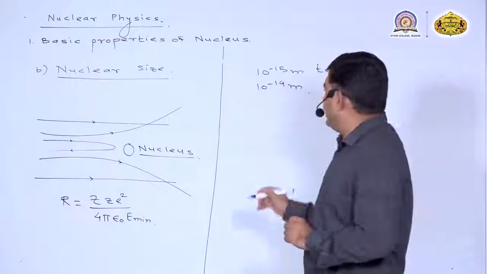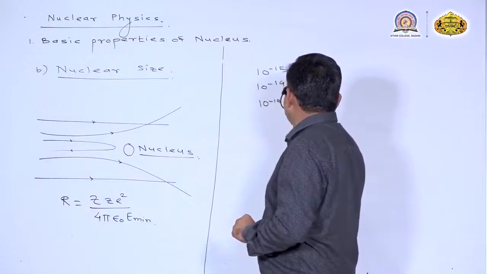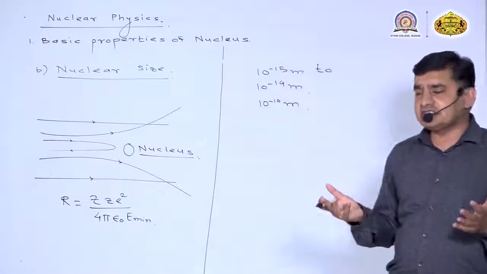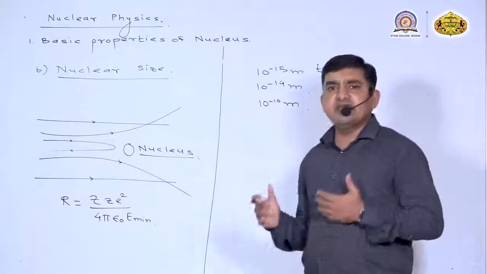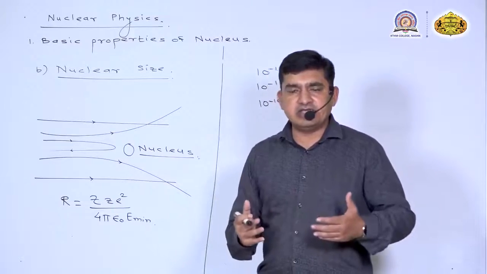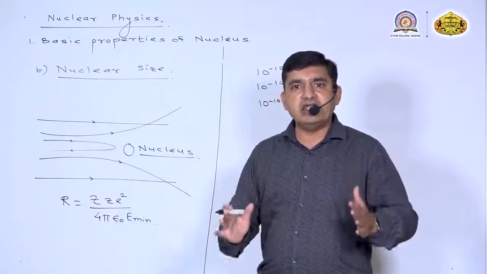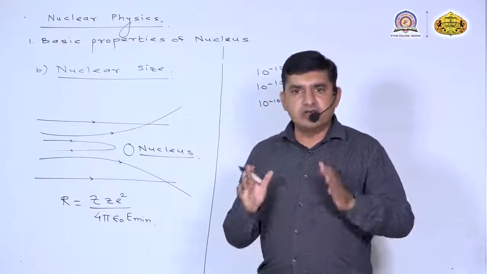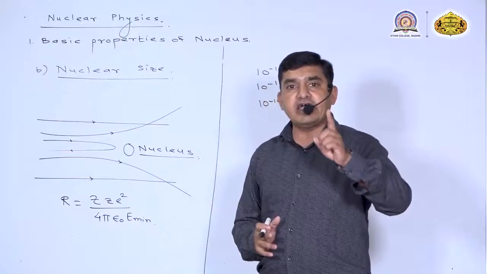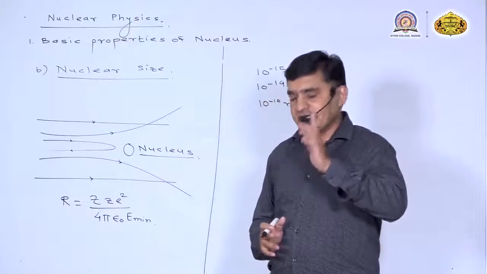We know that the radius of an atom is 10 raised to minus 10 meter. From this we can say that the nucleus is 1000 times smaller than the atom. The size of a nucleus is 1000 times smaller than the size of an atom.